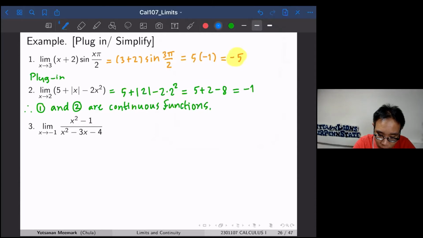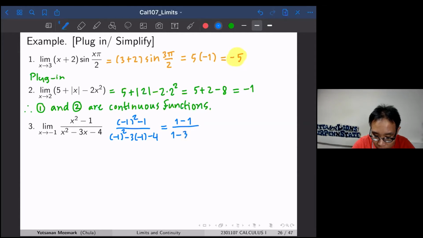However, if you see number 3, when you try to plug in, it turns out to be negative 1 squared minus 1 over negative 1 squared minus 3 times negative 1 minus 4. This becomes 1 minus 1 over 1 plus 3 minus 4, so it becomes 0 over 0.